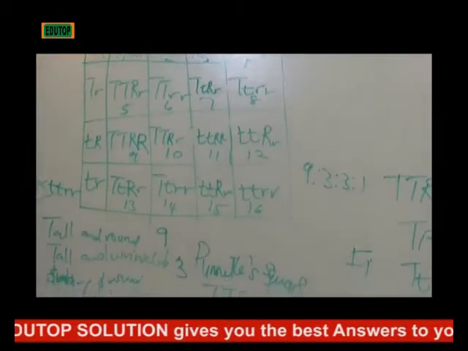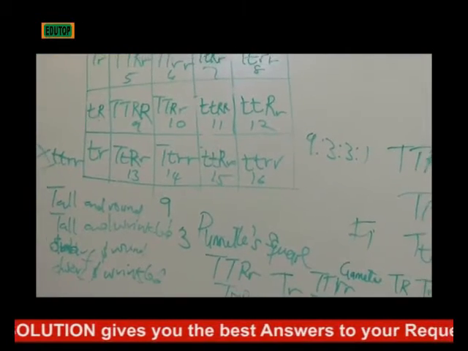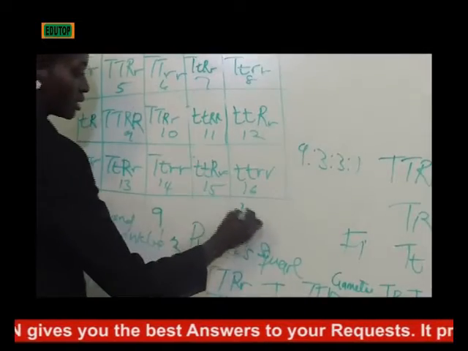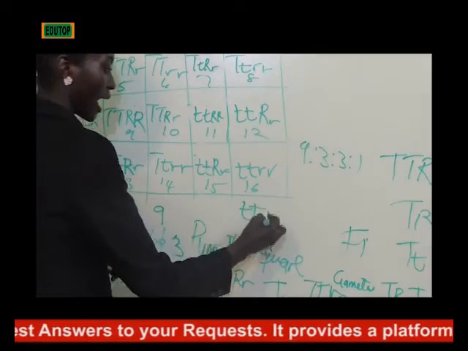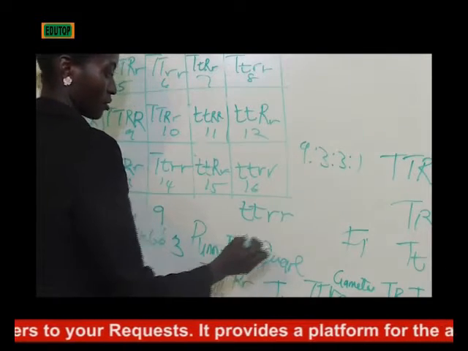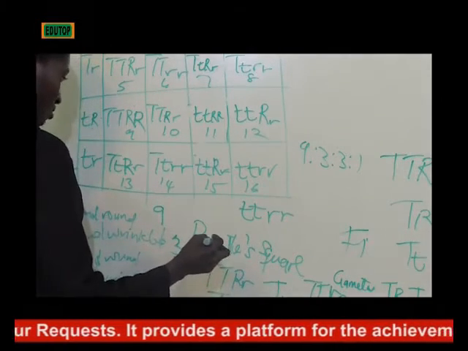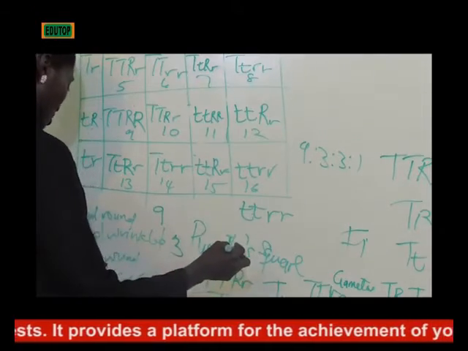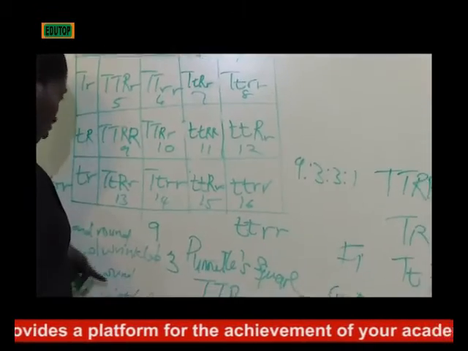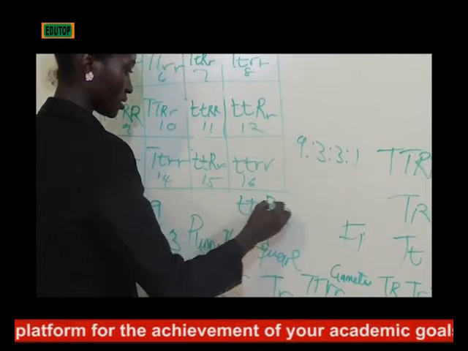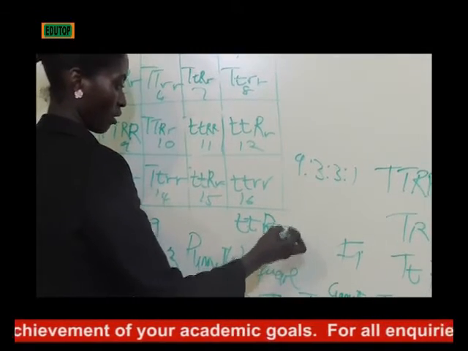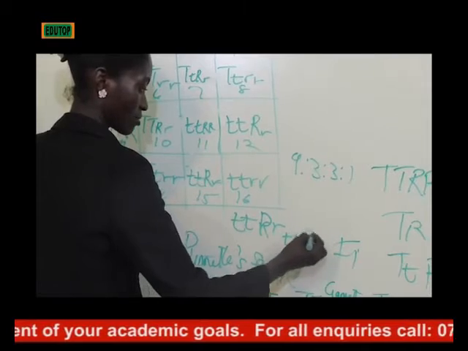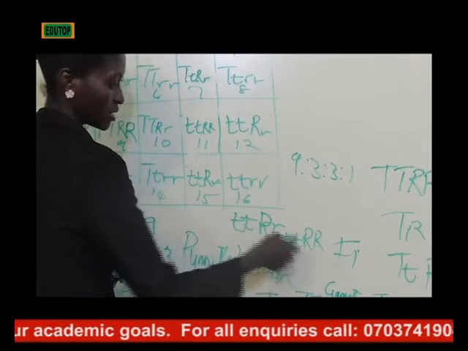Then for dwarf and round, this is what we are looking out for. Sorry, we are looking for dwarf and round. Dwarf has to be tt. Round could be RR or Rr, dominantly round. So any of these is what we are looking for.